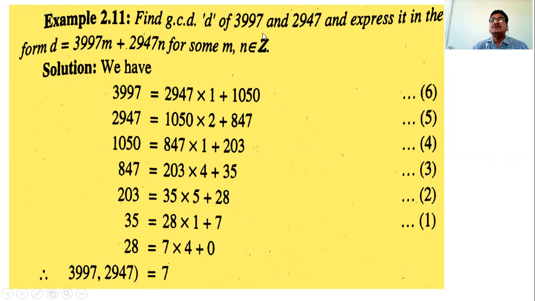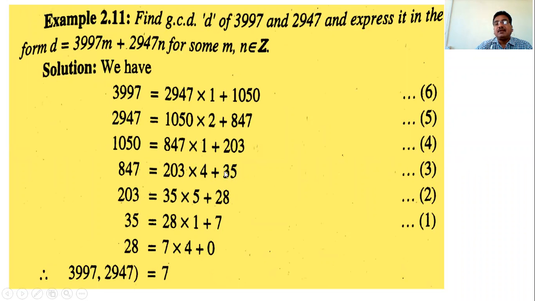If the question is to find the greatest common divisor of these two numbers and express 35 instead of D, instead of 7, that is, express 35 as 3997 into m plus 2947 into n, then start from this equation. Number this equation by 1, then 2, 3, and 4, and then start from equation number 1.